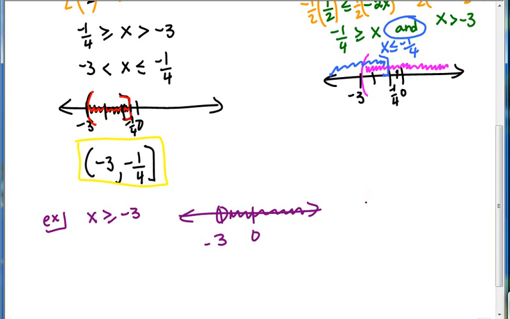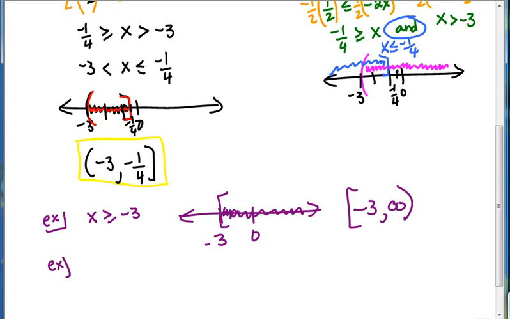Interval notation, what you would write is, oh, by the way, you know that's a bracket. Should put that there. Okay. Means it's included. So what you write is you start with -3 with a bracket saying that's included to infinity. And that's all that would be.